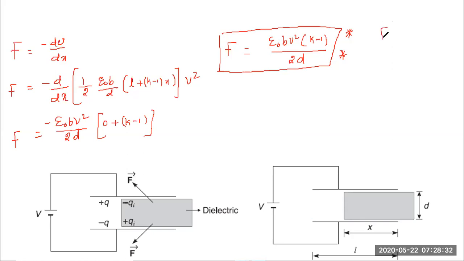Now listen, students, this is not satisfying the condition of restoring force for SHM, the condition for the body to execute SHM. Therefore, we can say that the motion of the dielectric is only oscillatory but not SHM, because it is not satisfying the necessary restoring force condition for SHM.